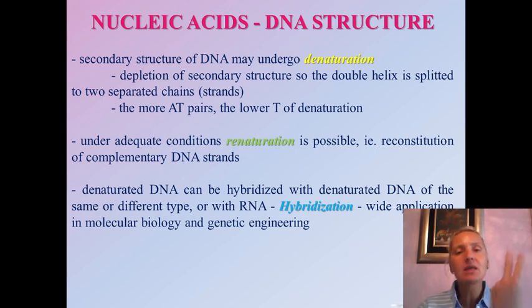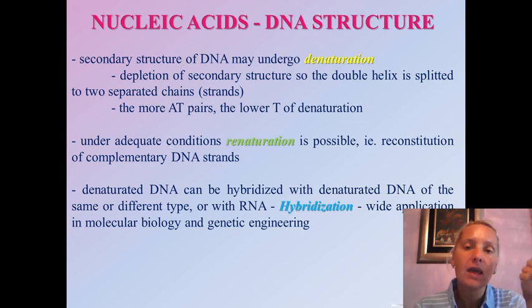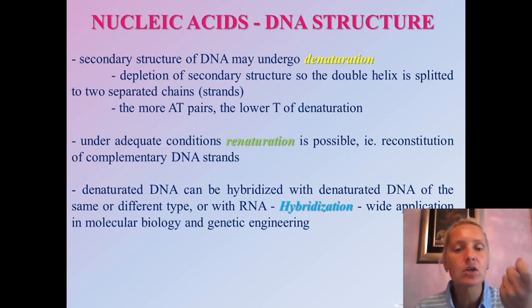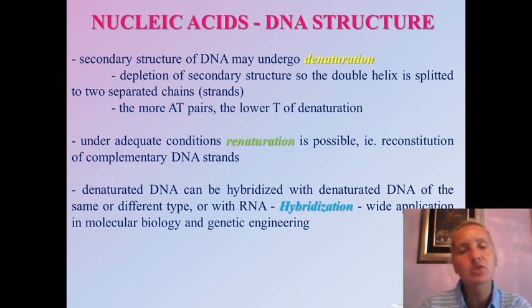Predominantly the double helix is unwound or split into two separate strands. That can be achieved by increasing the pH of the solution towards a highly alkaline medium, or by increasing the temperature. And the more AT pairs in the molecule, the lower the temperature of denaturation.